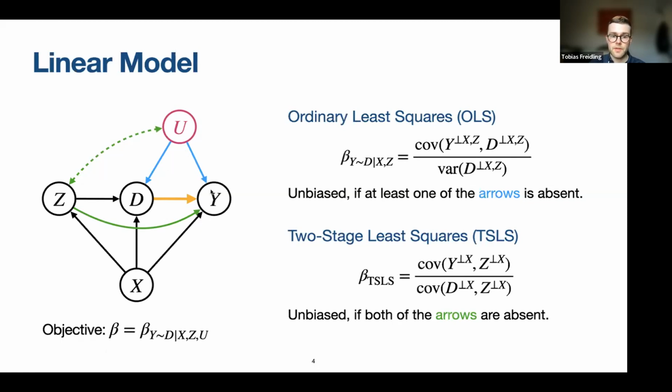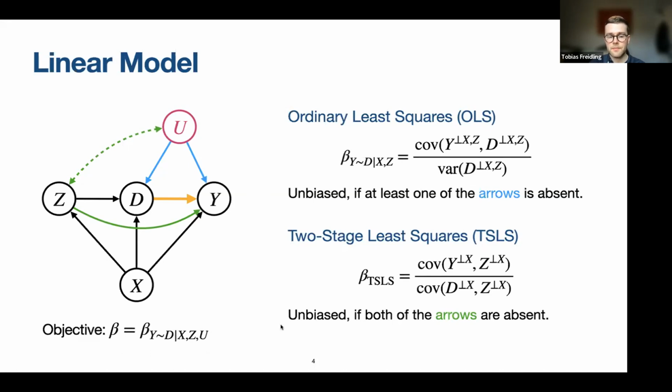If both of them do exist, then we might try to use an instrumental variable approach and use the two-stage least squares estimator. And if Z does not have a direct effect on Y and Z and U are not correlated, this also is a consistent estimator. But in general, we might have all of these errors here, and we need to do sensitivity analysis.